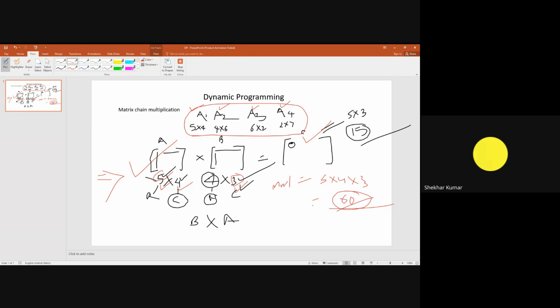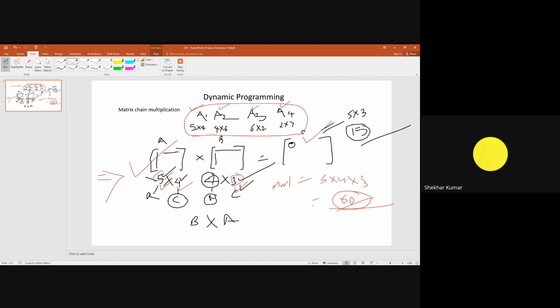So the objective of this is to find out the best way. What should be the best approach to multiply these matrices, in which approach the minimum number of multiplications are required?